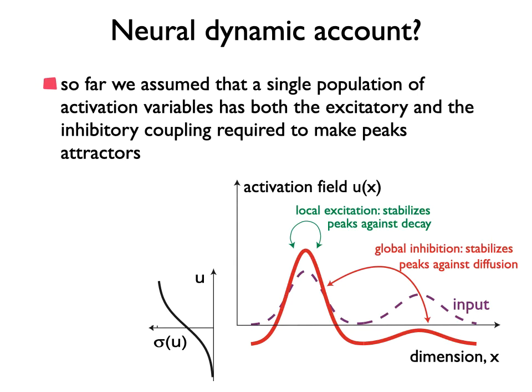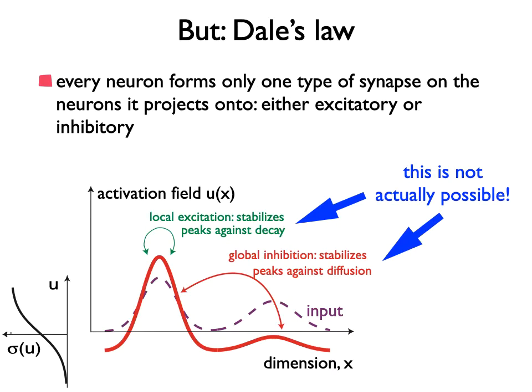Because so far we've been cheating a little bit from a neuroscience point of view, because we've assumed that there is this activation field that has both excitatory and inhibitory coupling, which are required to make the peak. But neurophysiologically, we know that neurons only form one type of synapse on the neurons that they project onto. It's either excitatory or inhibitory. That's why we're talking about excitatory neurons and inhibitory neurons.